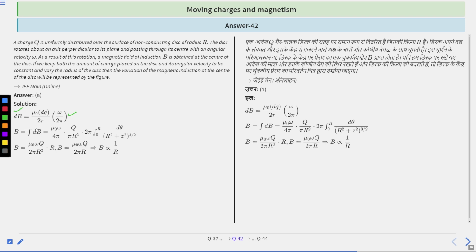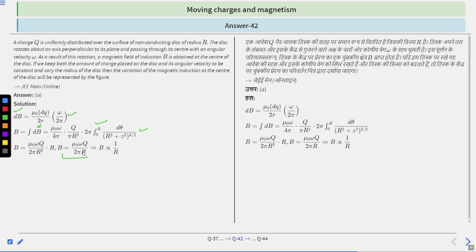Putting all the terms in, you will get mu naught omega divided by 4 pi, multiplied by q upon pi r squared, multiplied by 2 pi, integration from 0 to r of d theta divided by (r squared plus z squared) to the power 3 by 2. After calculating this integral, you will get B equal to mu naught omega q divided by 2 pi r squared, multiplied by r. So B equals this.